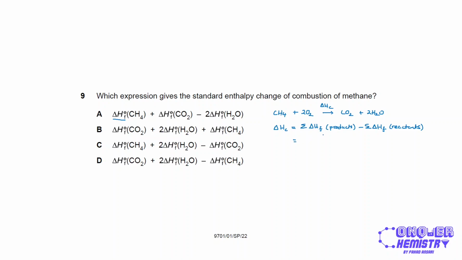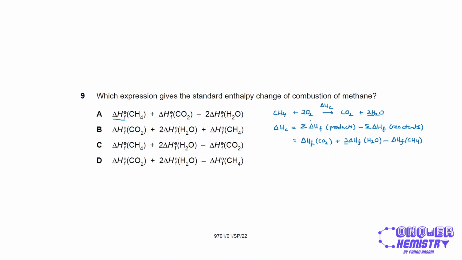So in this case, we have enthalpy change of formation of carbon dioxide, which is added once because you only have 1 mole of it in the equation, plus 2 times enthalpy change of formation of water, because you have 2 moles of it in the equation. Subtract from this the enthalpy change of formation of methane, and that's it, right?